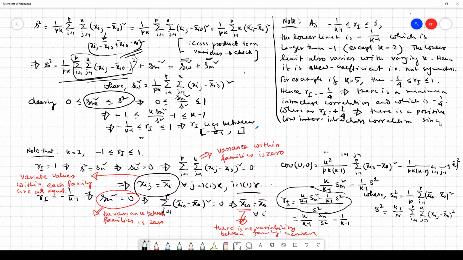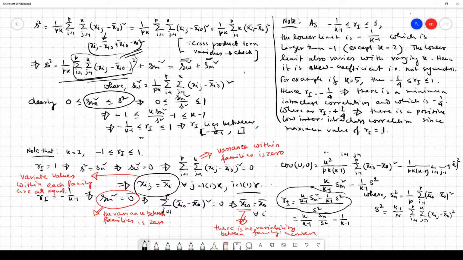since maximum value of Ri is plus 1. So that is the reason Ri is not symmetric in general, symmetric only when k equal to 2. Because if you look at the negative part, for this example, k equal to 5, you see that Ri equal to minus 1 by 4 is the lowest value, that is the minimum correlation coefficient.